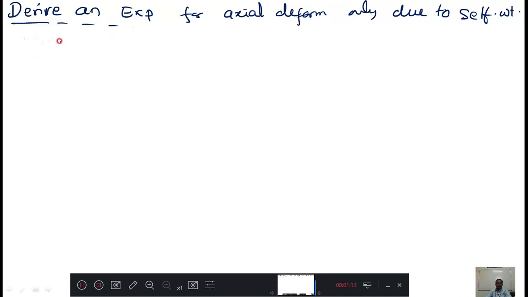Let us consider a hanging prismatic bar, write it in words first.